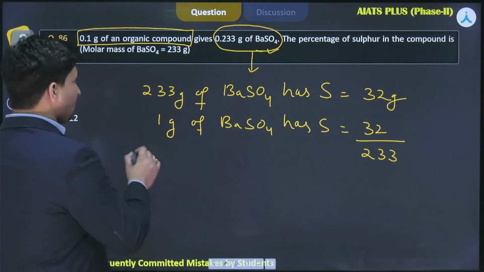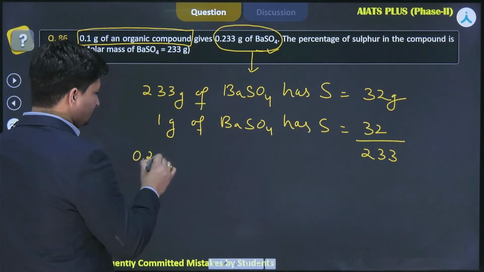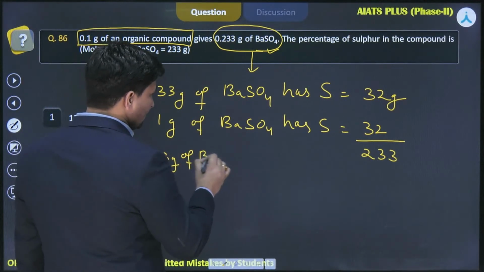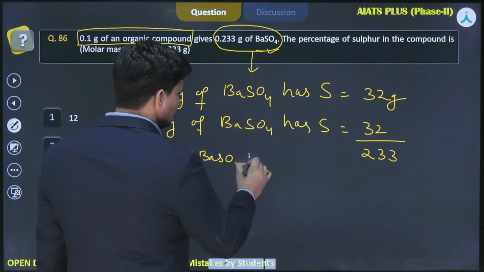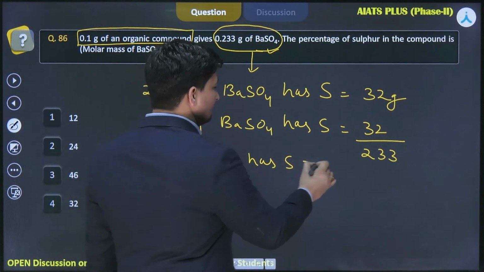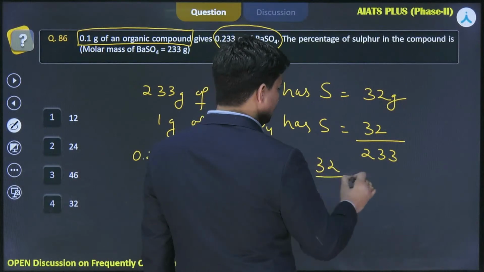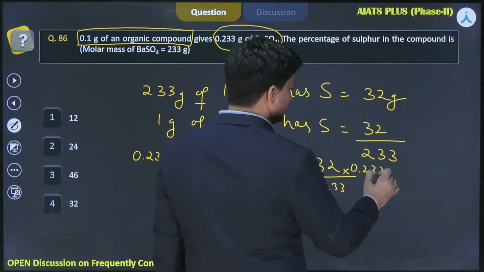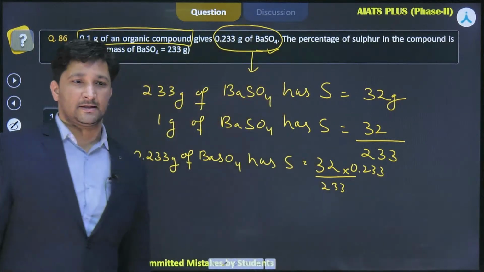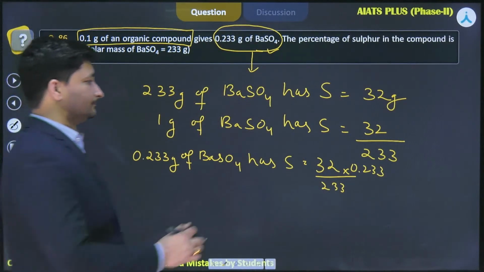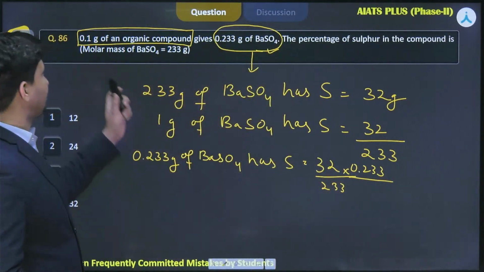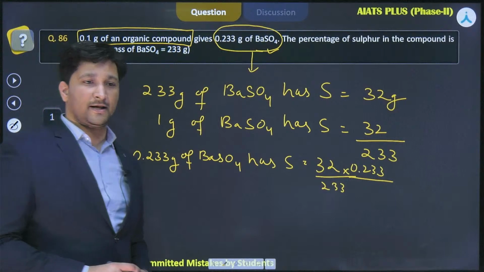So this 0.233 gram of barium sulfate has sulfur that is 32 by 233 into 0.233. Is this clear? Now, this is the actual amount of sulfur which is present in this 0.1 gram of organic compound.